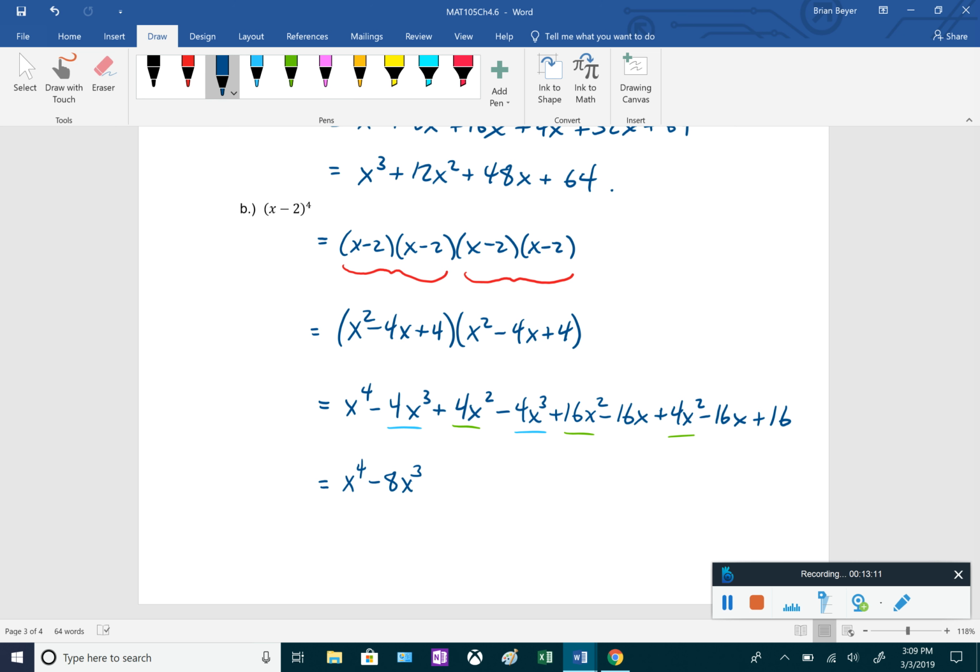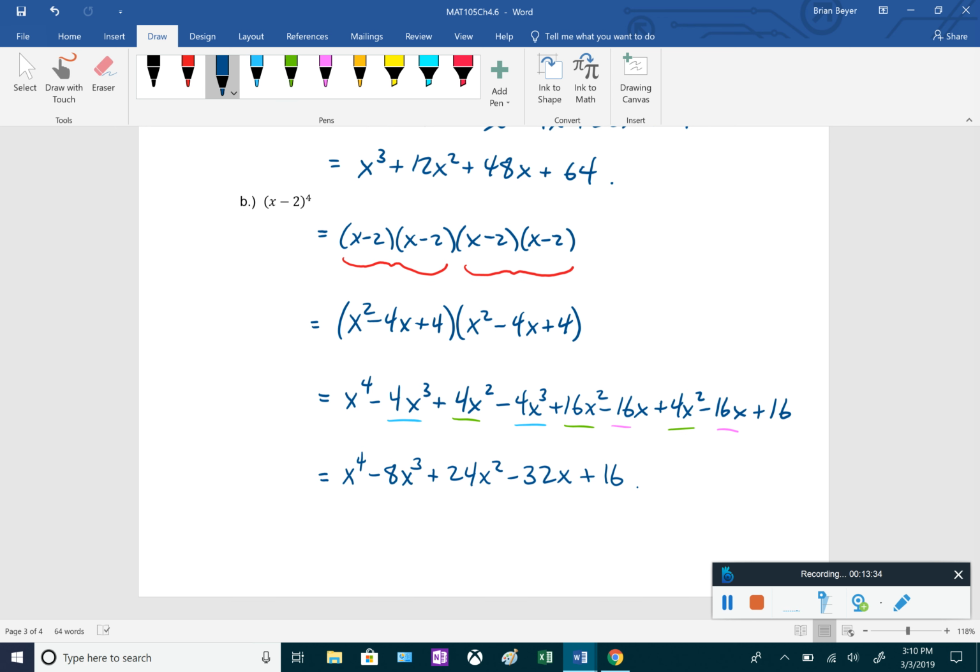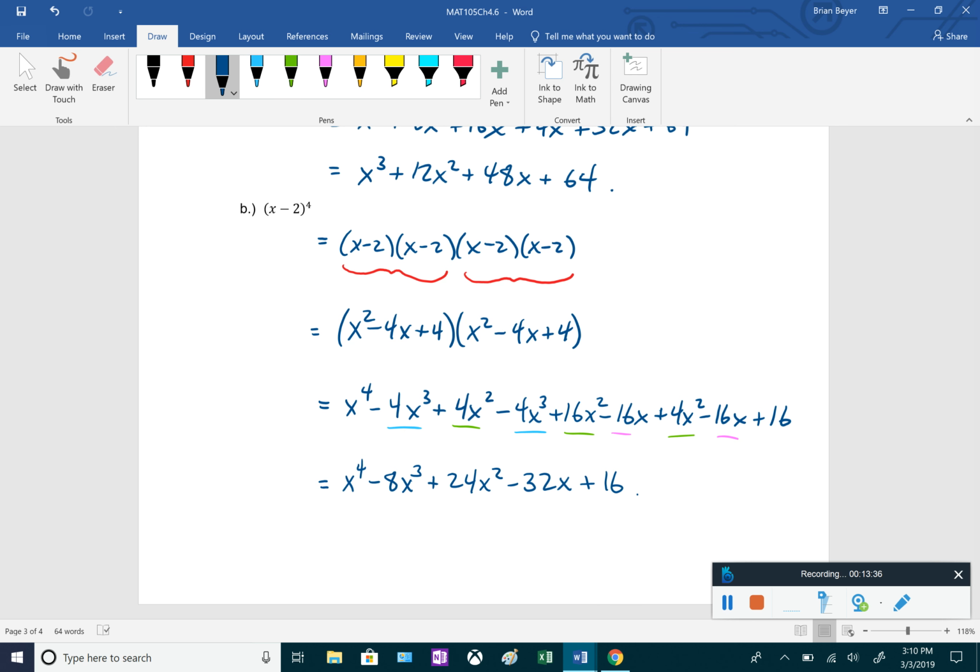So 4 plus 16 plus 4 is 24, plus 24x squared. And then for the x term, we have negative 16x minus 16x. That gives us minus 32x. And then lastly, we have plus that 16. Okay, so all the terms are combined. It's in standard form, descending order in terms of the exponents. So that would be our answer for that one. Okay, so that's it for chapter 4.6.